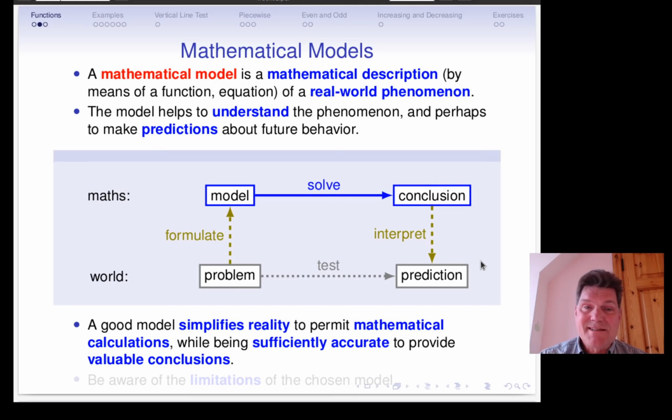Among scientists, this principle is known as Occam's razor, or the law of parsimony, and dates back to the 14th century. Simplification happens when reality is modeled through functions, and it's important to be aware of the limitations of the chosen model that result from these simplifications.